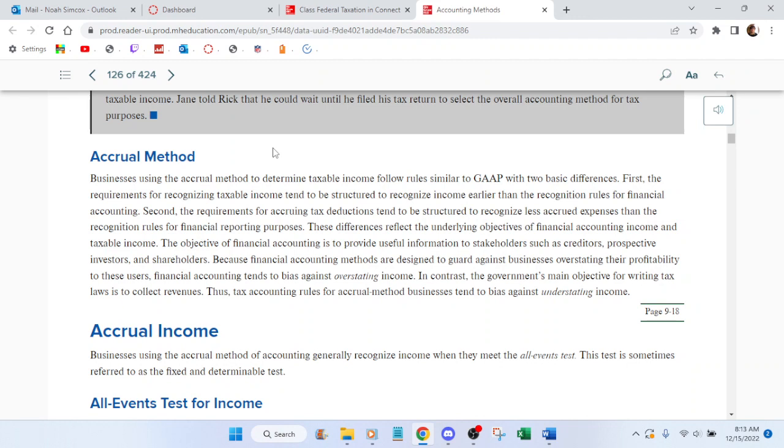Accrual method. Businesses using the accrual method to determine taxable income follow rules similar to GAAP with two basic differences. First, the requirements for recognizing taxable income tend to be structured to recognize income earlier than the recognition rules for financial accounting. Second, the requirements for accruing tax deductions tend to be structured to recognize fewer accrued expenses than the recognition rules for financial reporting purposes. These differences reflect the underlying objectives of the tax system.